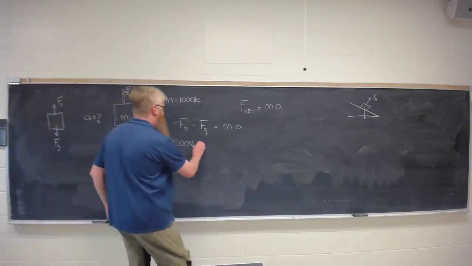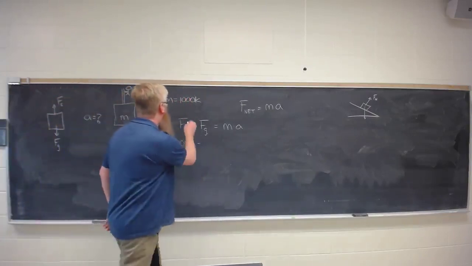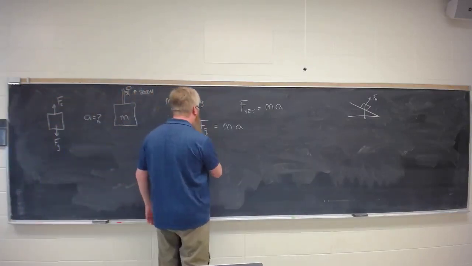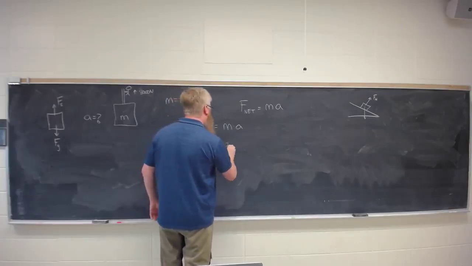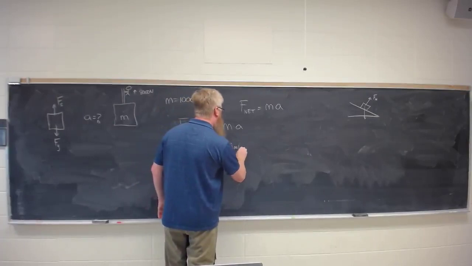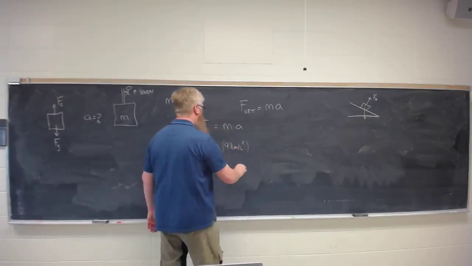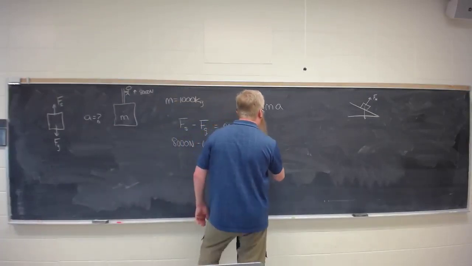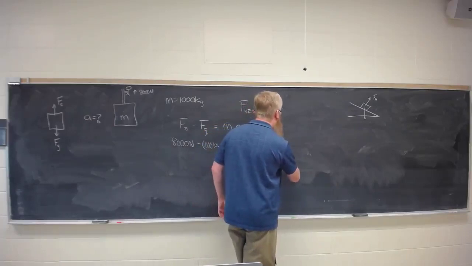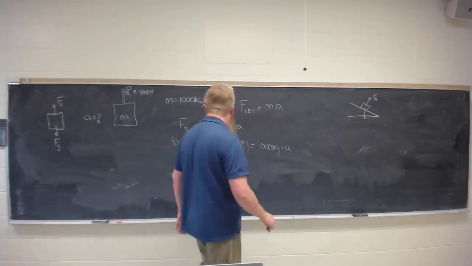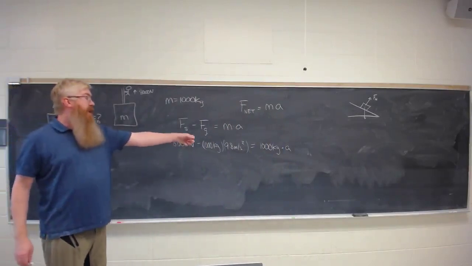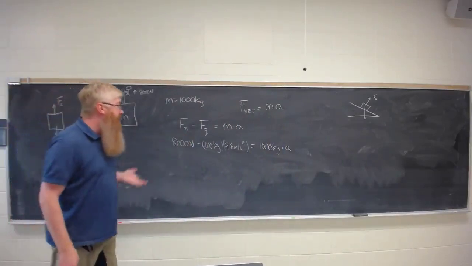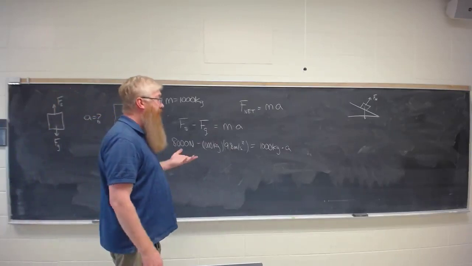Yep, m times g. So the mass, which is 1,000 kilograms, times 9.8 meters per second squared, is equal to the mass, which is 1,000 kilograms, times the acceleration. Now, if you plug this in, you'll find that 1,000 times 9.8 is 9,800.